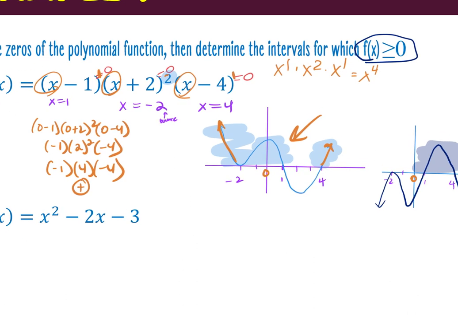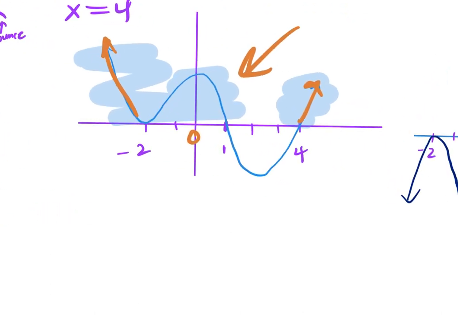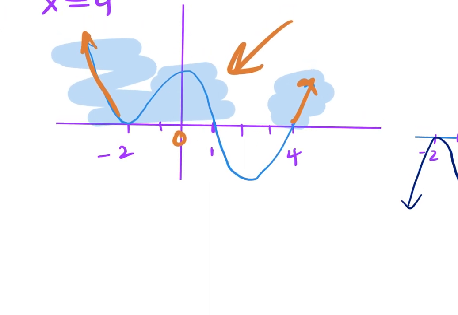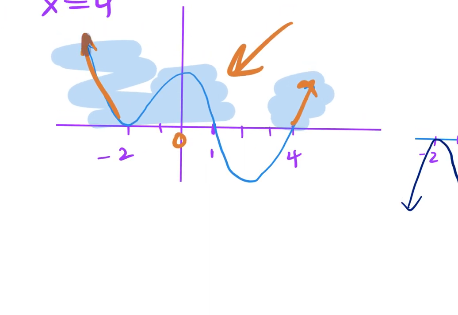So how do I explain the range in which f of x is greater than or equal to 0 here? How would I describe this part of my graph, this part of my graph, and this part of my graph? No, sorry, give me an interval is what I mean. Negative infinity to 1. Does it get a bracket or a parentheses?